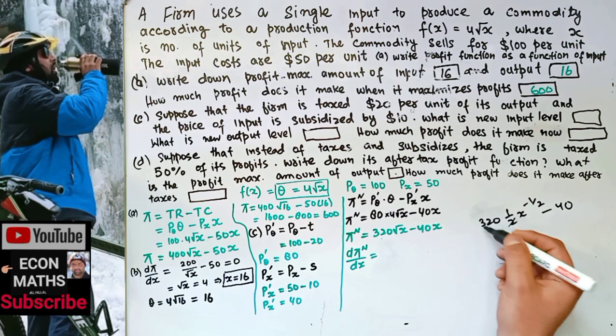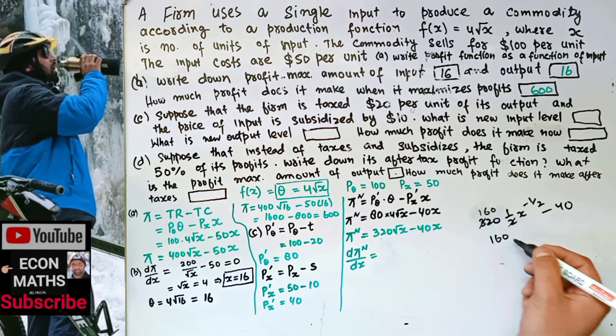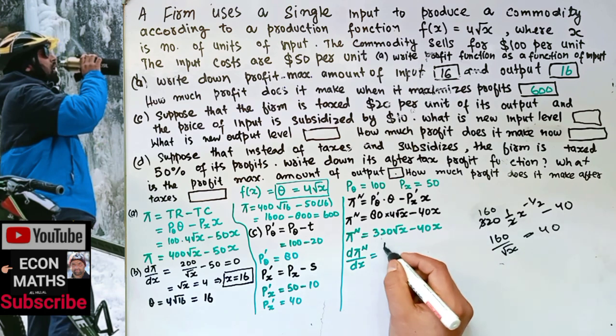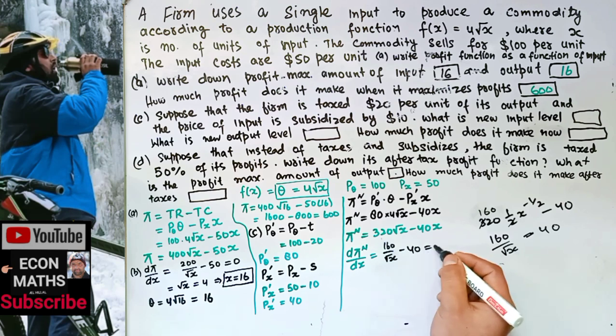So 320 upon 2 is 160. We get 160 upon under root X minus 40 is equal to 0.